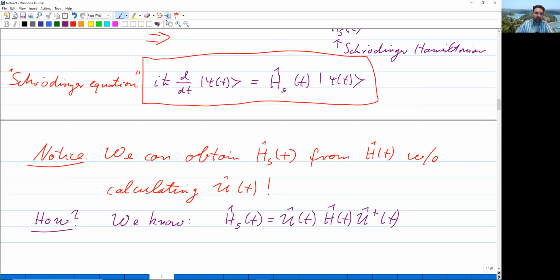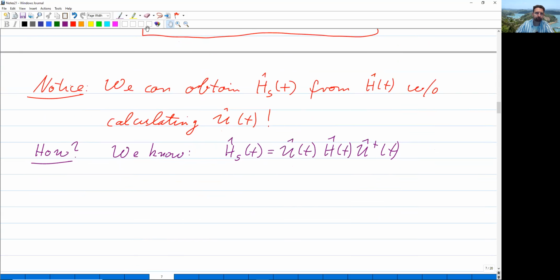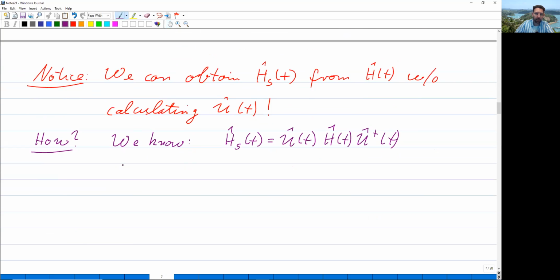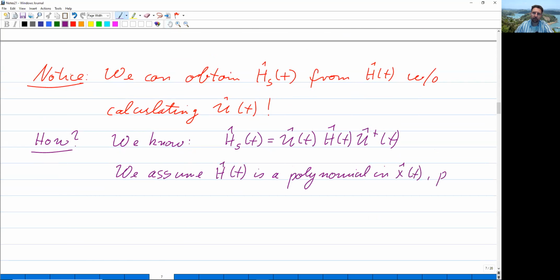Now, let us remember that we assume that H hat of t is a polynomial in x hat of t and p hat of t.